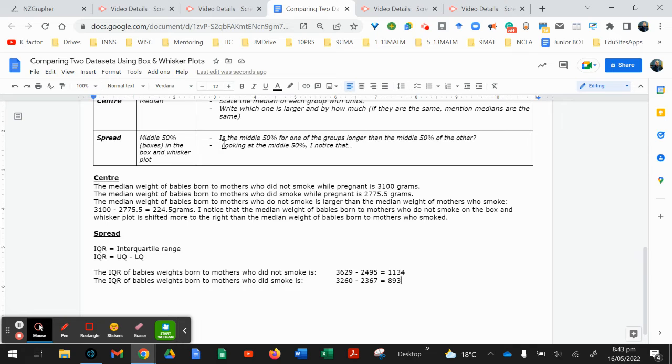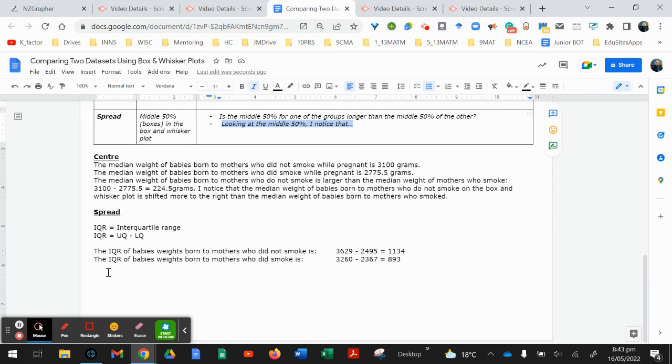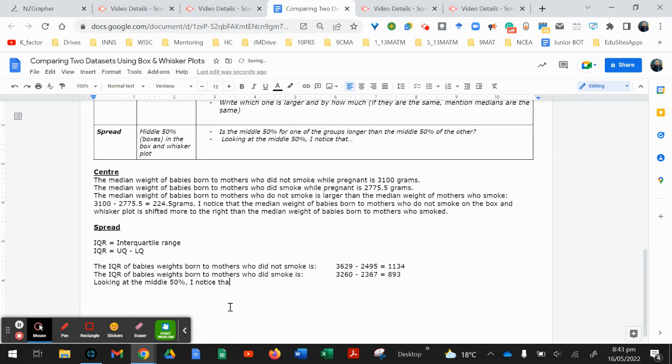So here's my comment starting off. Looking at the middle 50%, I noticed that the box for babies' weights whose mothers did not smoke during pregnancy is larger than the box for, copy paste, let's save time, I've got to change one word here, did smoke.